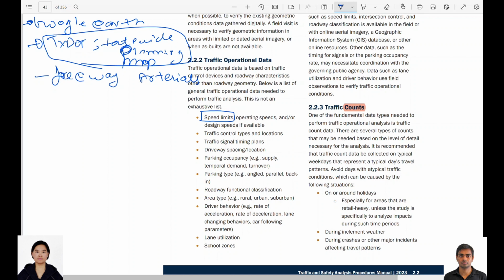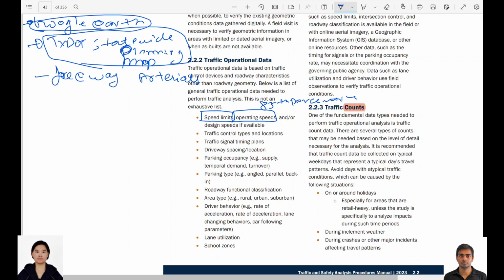However, if we are working on a larger region, it can act as a visual check on the data we are collecting. Operating speed is rarely calculated in the field; it is the 85th percentile speed. They are only done for a few speed studies where there are safety concerns.